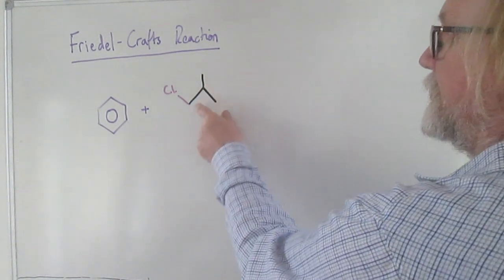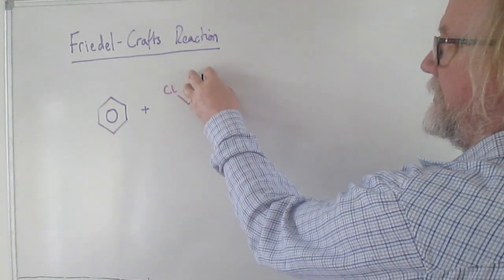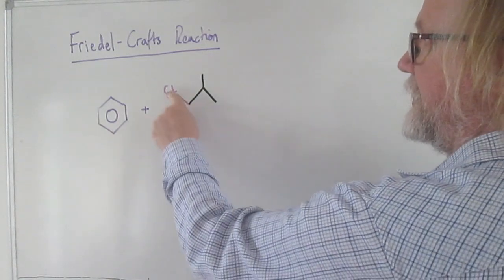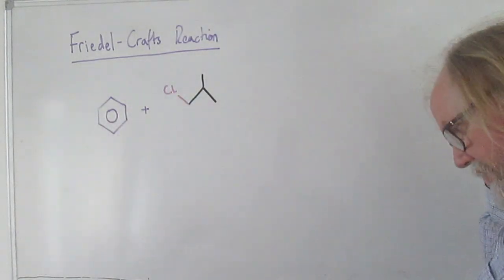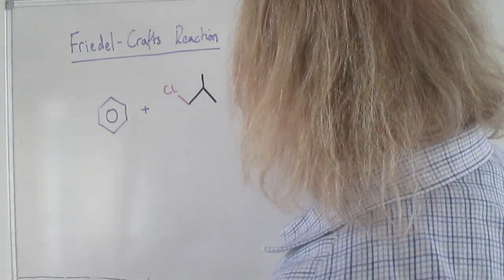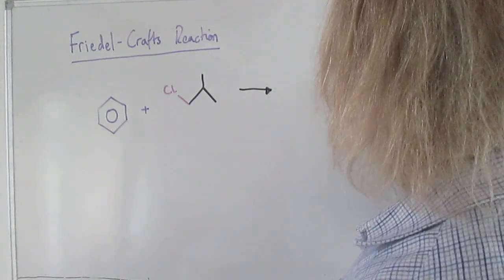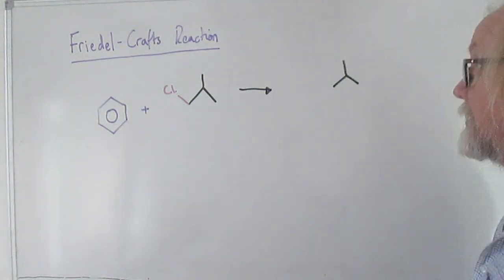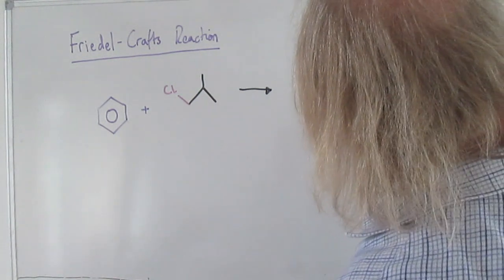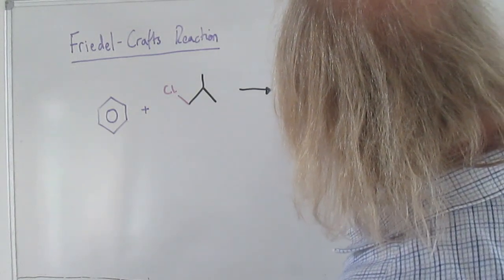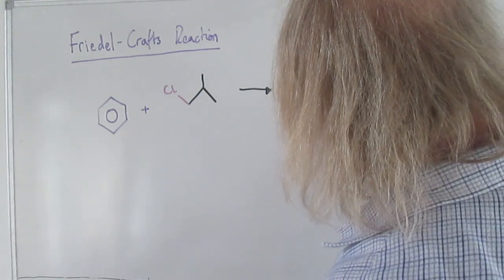Okay, so you've got your haloalkane, that keeps the structure it's got, but wherever the chlorine or bromine is, then a benzene ring gets attached instead. So the outcome of that is going to be that we'll still have this group where the haloalkane was, but instead of the chlorine, we'll now have a benzene ring attached here.